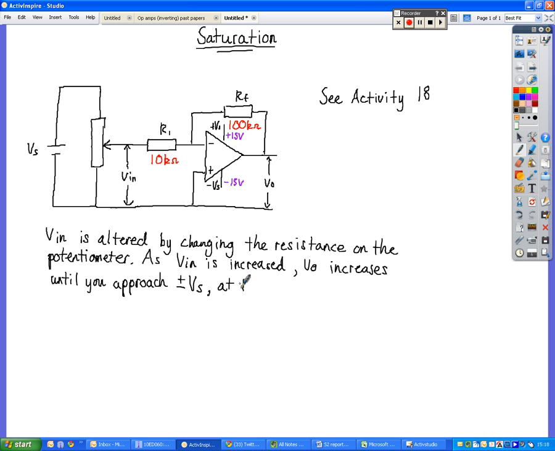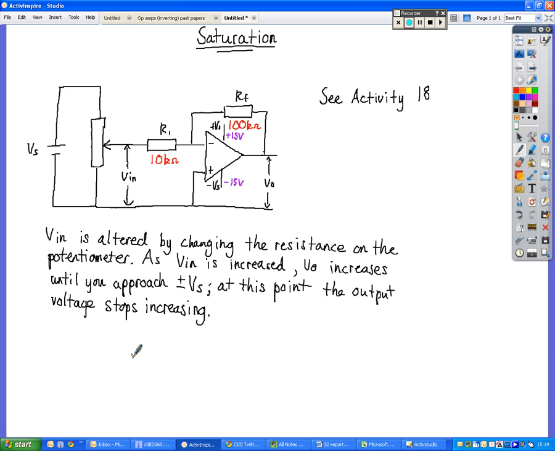At this point it stops increasing, and from your results you should see that it's probably around about 13.7.